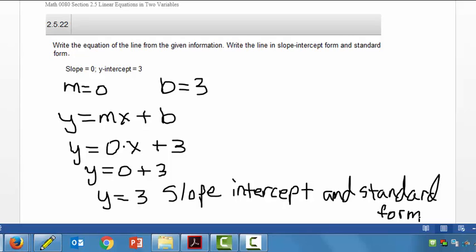In this case, a is 0. So 0 times x plus 1 times y equals our c of 3. So notice in the standard form, for this particular special case, a is 0, b is 1, and c is 3.